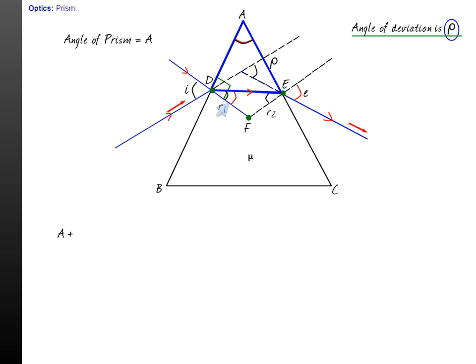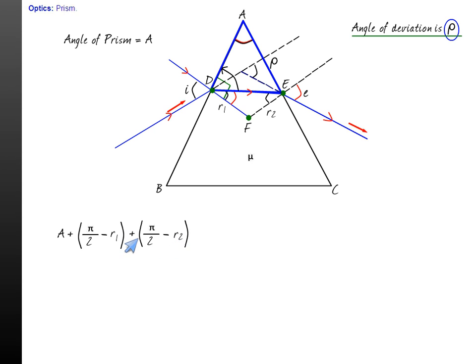So the angle left, that is this angle, is 90 minus R1. So angle ADE is pi by 2 minus R1, and in the same fashion angle AED is pi by 2 minus R2.